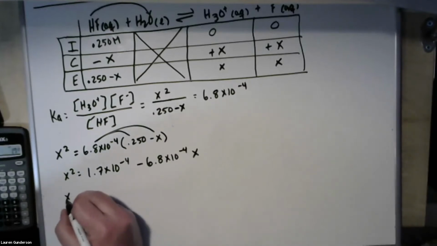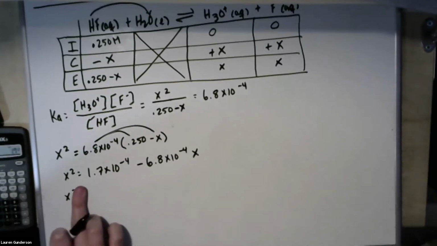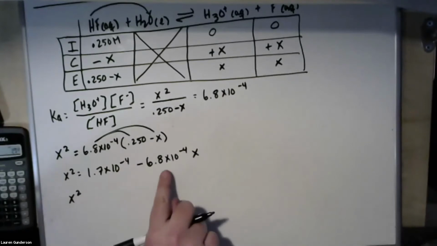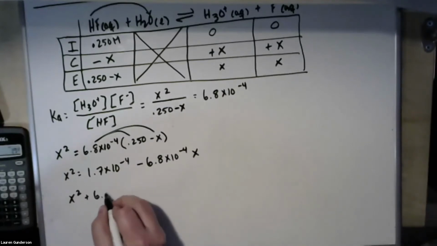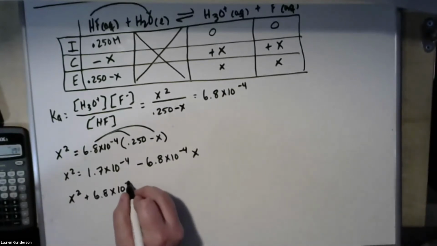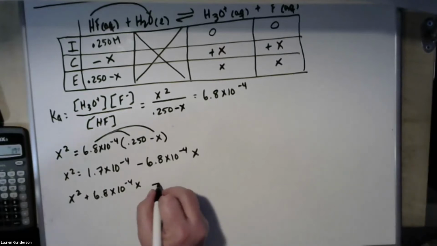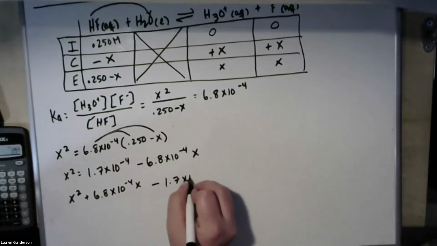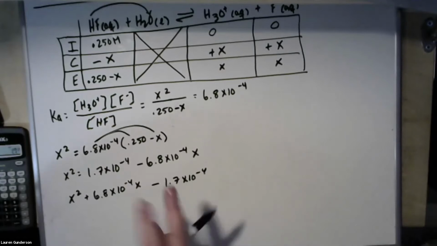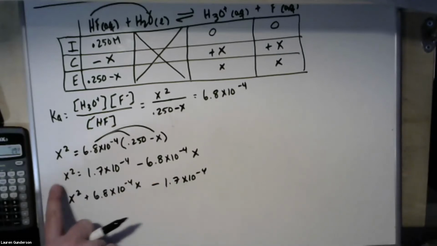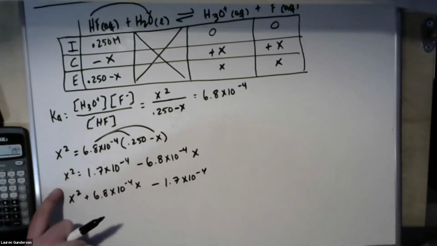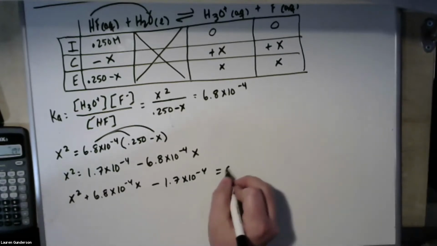Okay, so I'm going to have x squared plus 6.8 times 10 to the negative 4x minus 1.7 times 10 to the negative 4. Okay, because I'm adding this to the left side and I'm subtracting this from the left side. And that would be equal to 0.